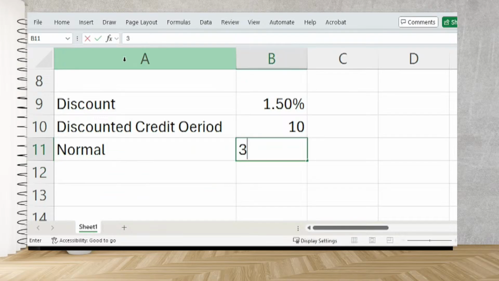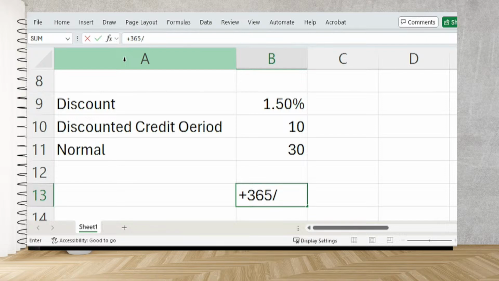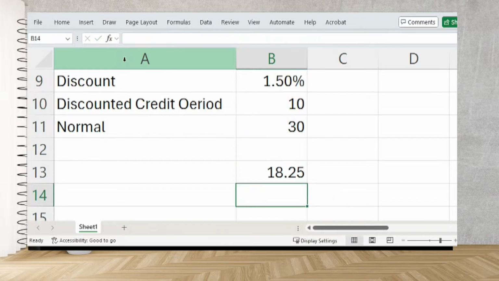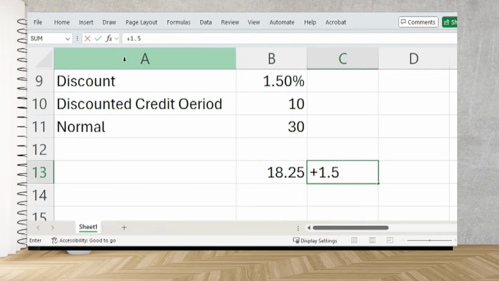Okay, so first keep in mind how many times we are going to pay, so that we can decide. 365 total days in a year, and the cycle we can calculate from 30 minus 10. So this is basically the number of cycles, which is 18.25, and in one cycle we are earning 1.5 divided by 100 minus 1.5.